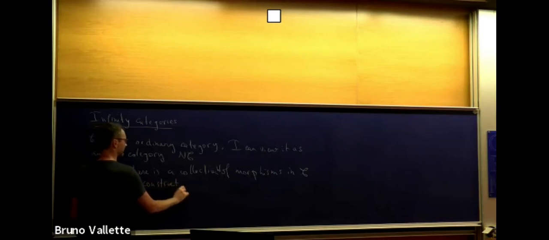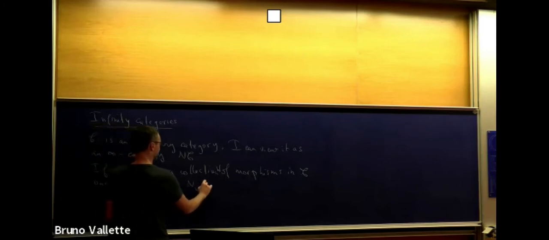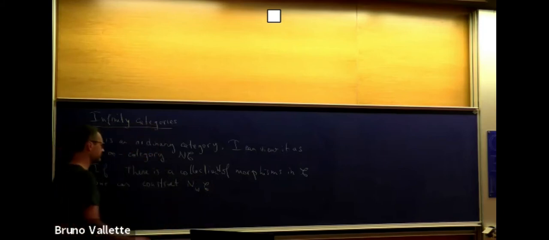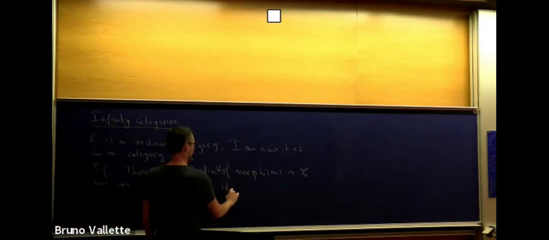And the notation I'm going to use is just nerve index W of C. So this is the infinity categorical localization.